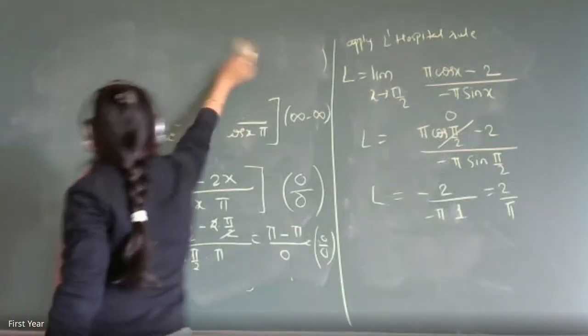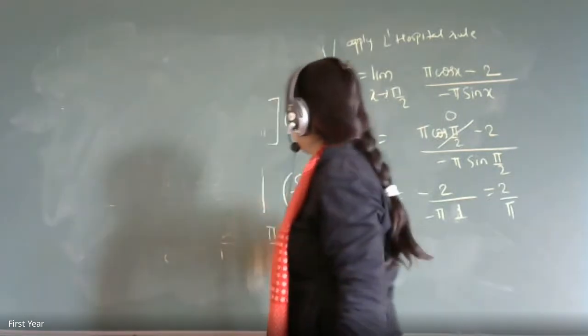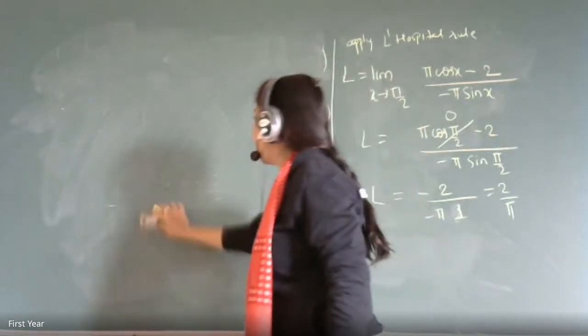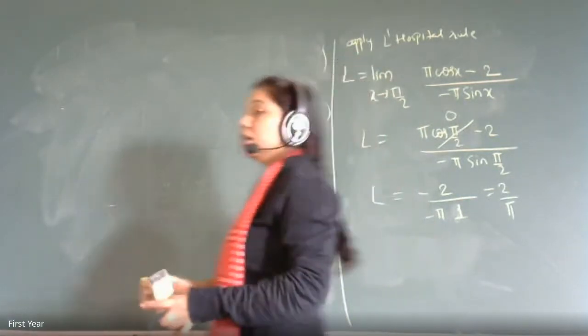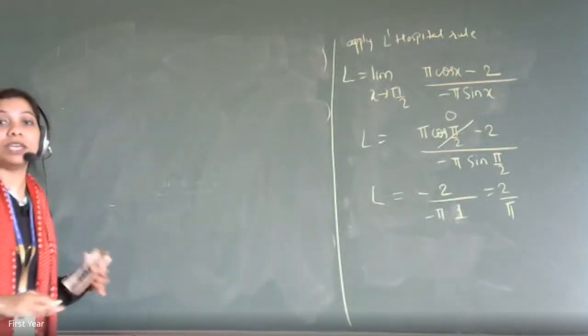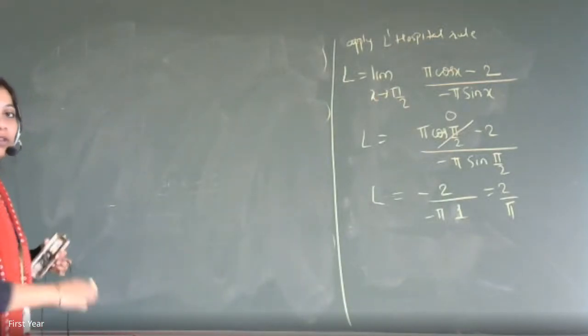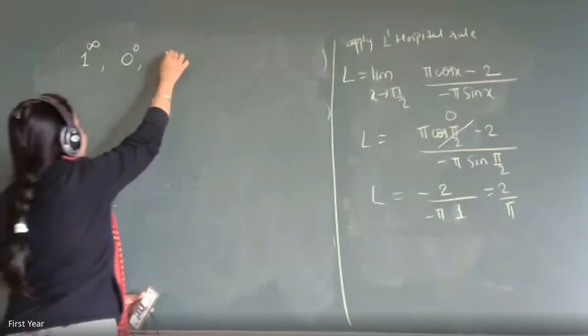So can anyone tell me what you mean by exponential? The indeterminate form may have something in power. So which are those forms? 0 raised to 0, 1 raised to infinity, and e raised to x.